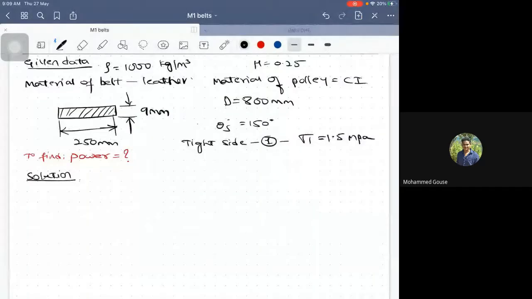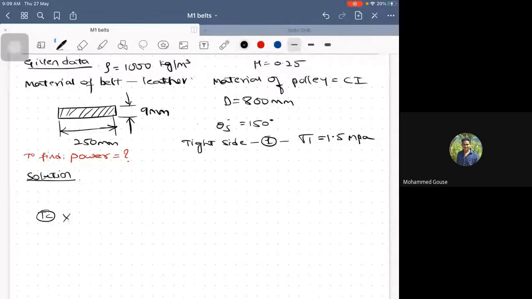Fine. So always remember, the first step in the belt drive calculation is to identify whether I should consider the value of TC or not. On what basis will you identify that? TC is the centrifugal tension.